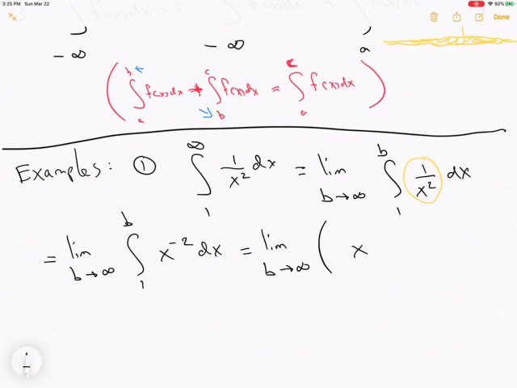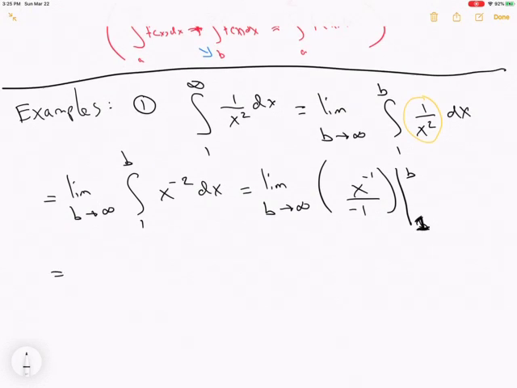So you increase the exponent by 1, negative 2 plus 1 is negative 1, and divide by that. We have to evaluate this at the 2 different endpoints. The endpoint here is 1, and the endpoint here is b. And again, that's just a shorthand notation for the following. We can ignore the limit for the moment.